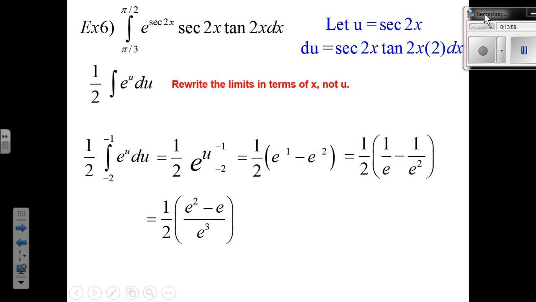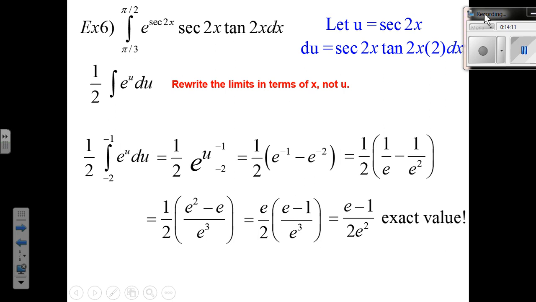You can simplify if you want and get a common denominator, and you can factor out that numerator. Lots of ways to simplify that. And then just keep that as your exact answer. So simplify those e's, and that's fine. You don't have to get a decimal or anything like that on the AP or on the test.